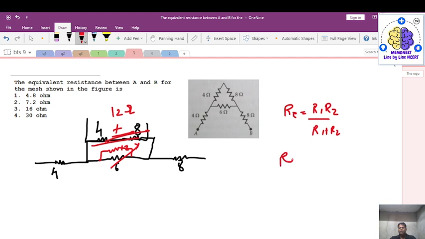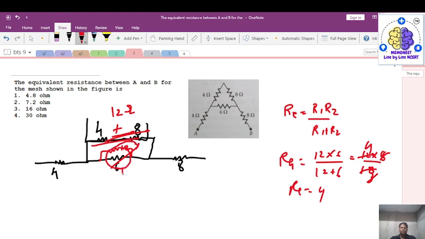So we get R equivalent for 6 and 12 as 12 into 6 upon 12 plus 6, which is 12 into 6 upon 18, and this is equal to 4. So this results in 4 ohm.